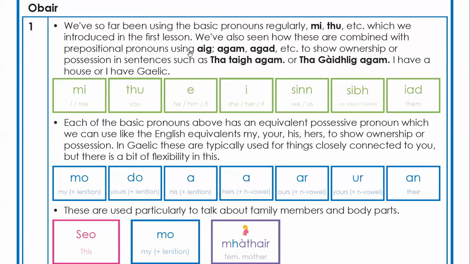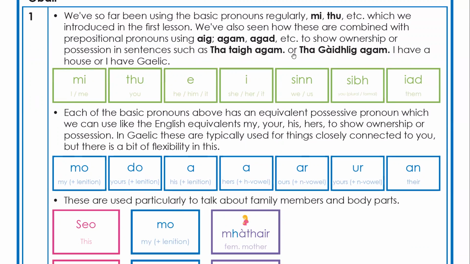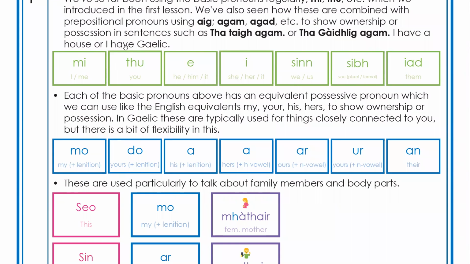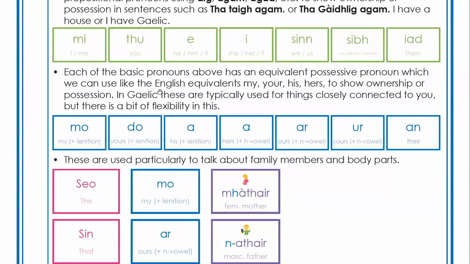So the preposition "ag", at, becomes agam, agat, aige, aici, againn, agaibh, acu. And that shows ownership or possession of things in sentences such as tá taigh agam, tá Gàidhlig agam. I have a house or I have Gaelic.